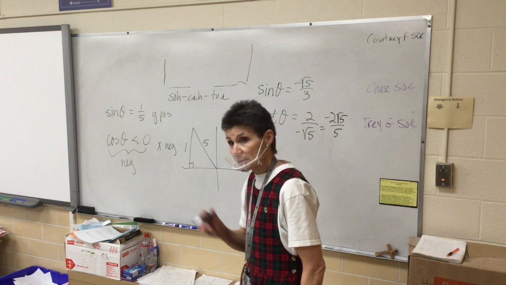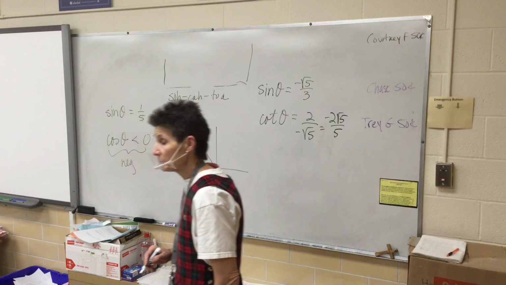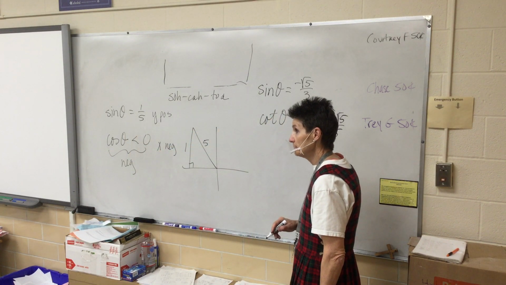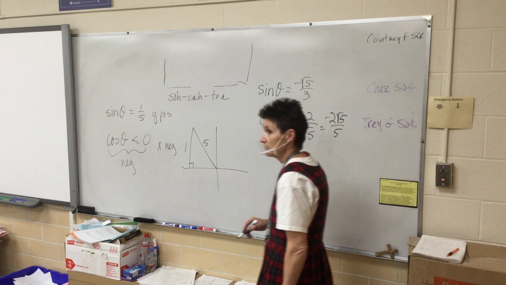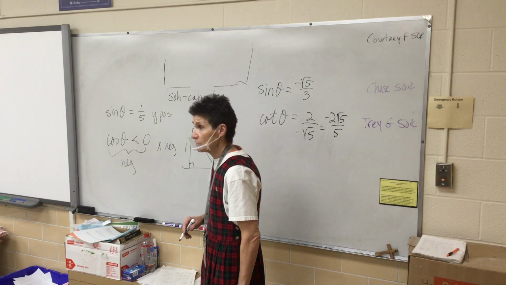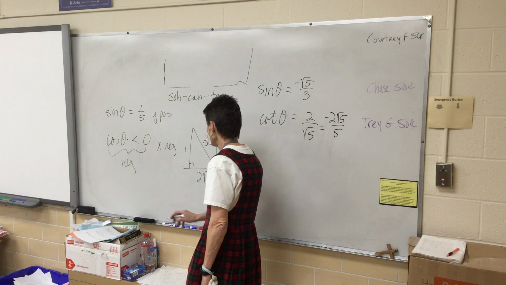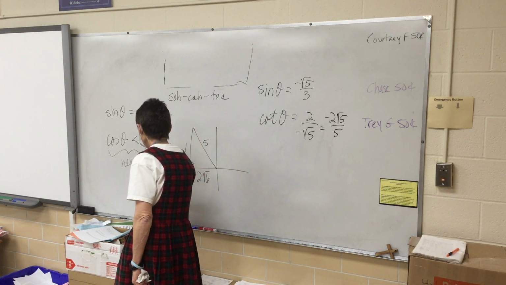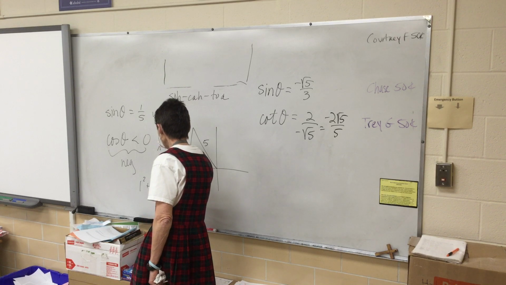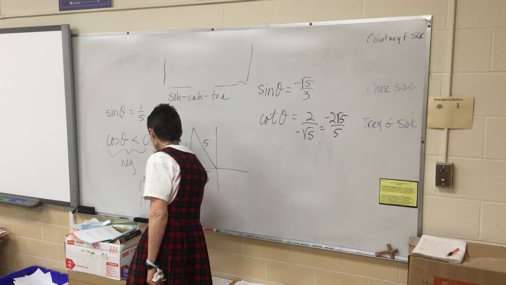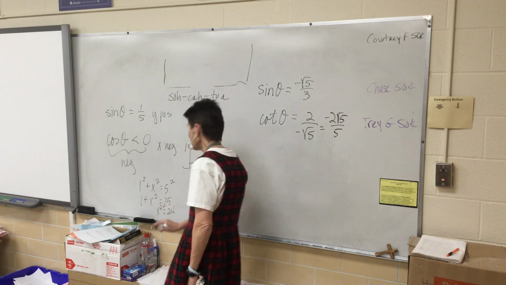Anybody have a third side for me? A squared plus b squared equals c squared. Isn't it the square root of 24, which is 2 root 6? So you have 1 squared plus x squared equals 5 squared, so you got x squared equals 24.